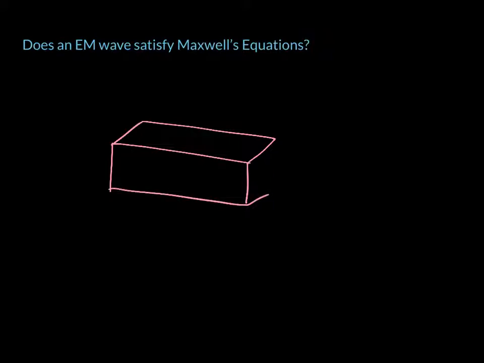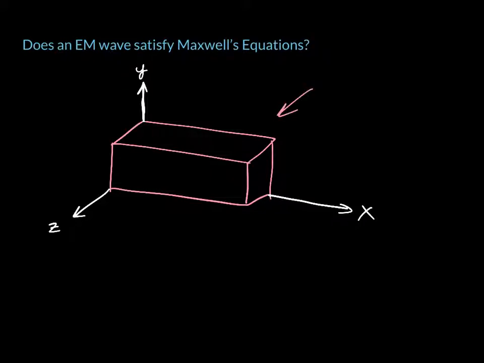I'm going to draw a Gaussian surface. And in this Gaussian surface, we're going to place an electromagnetic wave. And so I'm going to put an axis system. So it'll be my z-axis, that'll be my y-axis, and we'll have an x-axis coming out of here.